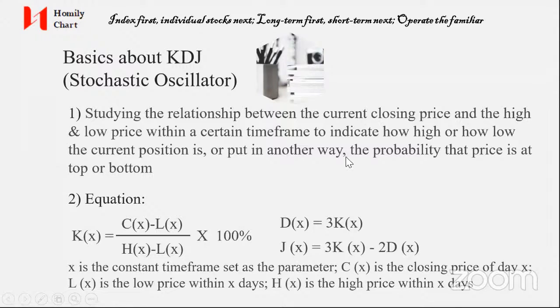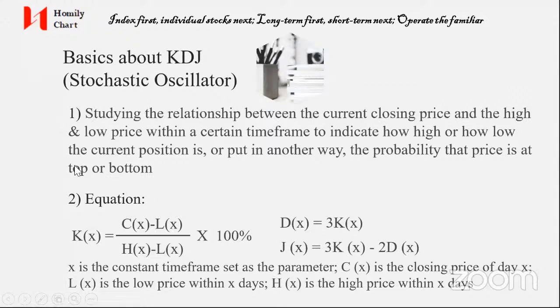The purpose is to indicate how high or how low the current position is, or put in another way, the probability that the price is at the top or at the bottom. So this is the definition for KDJ.